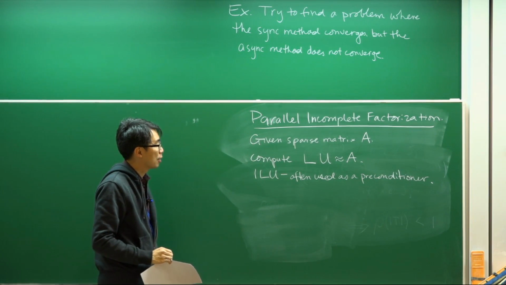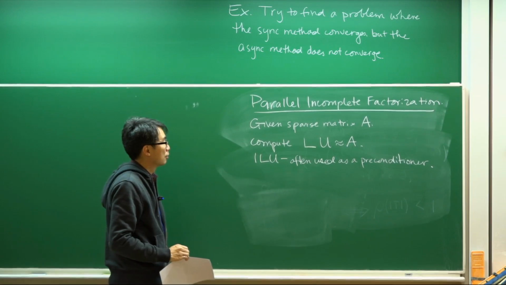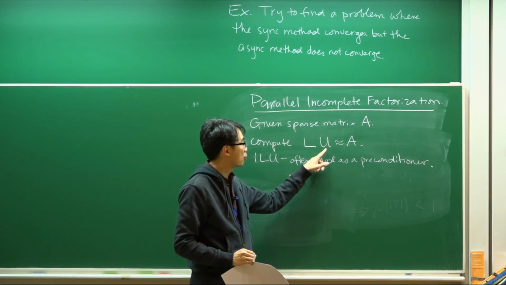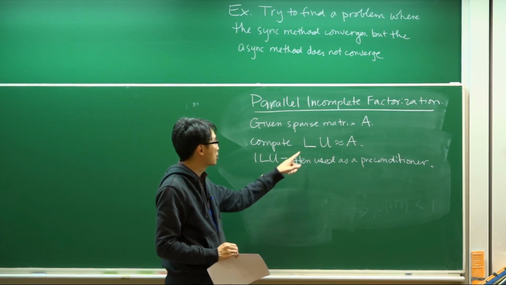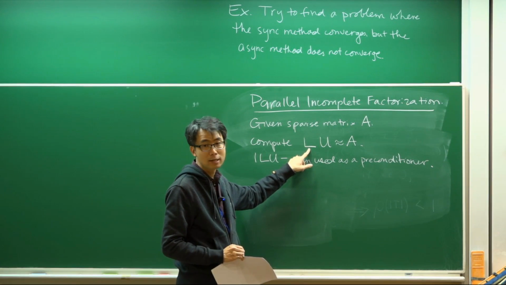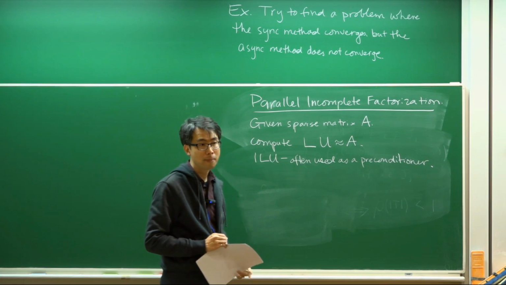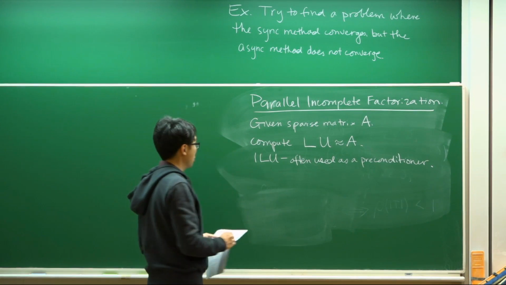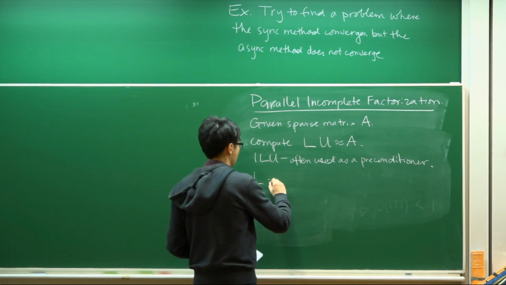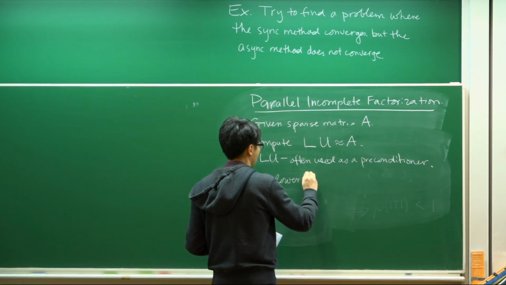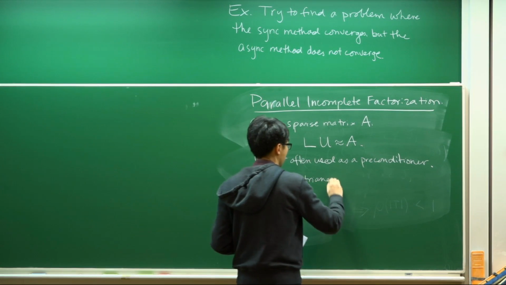And one way that you can think of controlling this approximation is to say that you want to control the sparsity pattern in L and U. Okay? So L is lower triangular sparse.